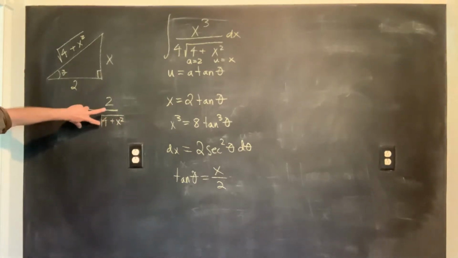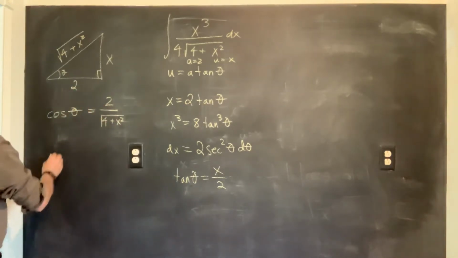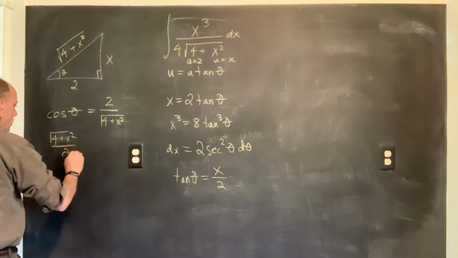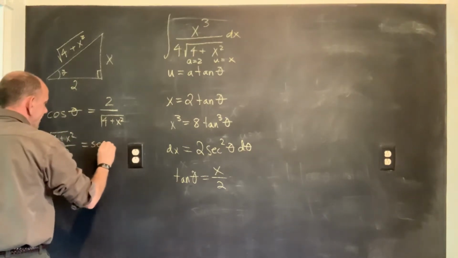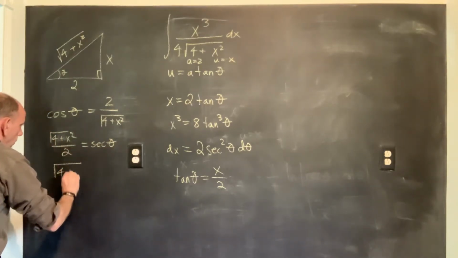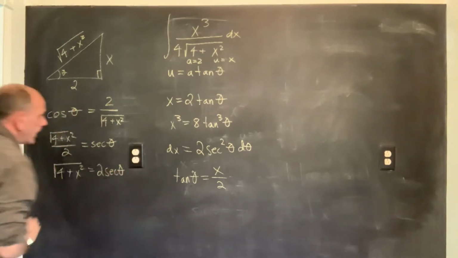But I want to solve for the root, so I'm going to take the reciprocal here. And I've got the root of 4 plus x squared over 2 is 1 over the cosine, which is the secant of theta. And that gives me that the root of 4 plus x squared is 2 secant theta.